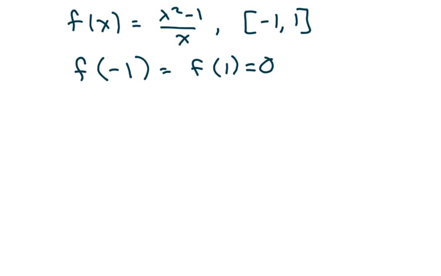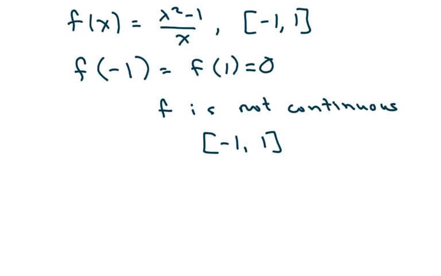But f is not continuous on our closed interval, because on our closed interval we have 0 in here, and if you plug in 0, it's undefined. So therefore Rolle's theorem does not apply.